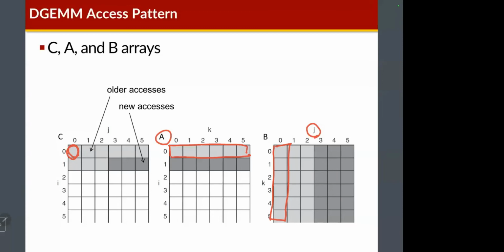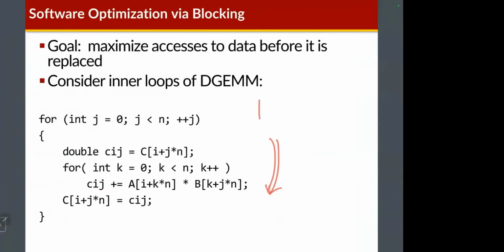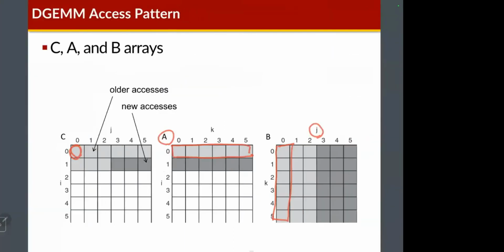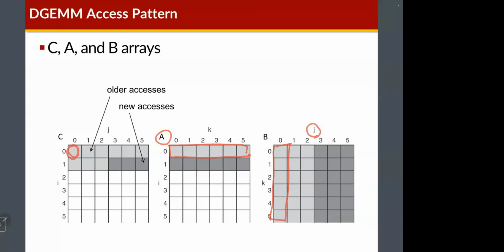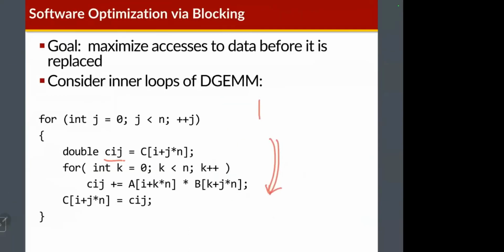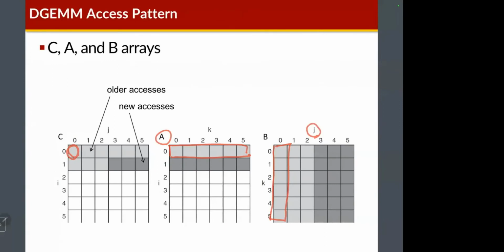So in this example, we just calculate the Cij. With this code, we firstly calculate this element of matrix C, and then 2, 3, like this.